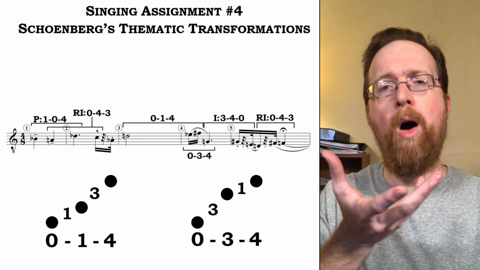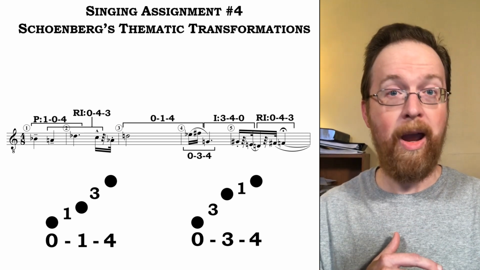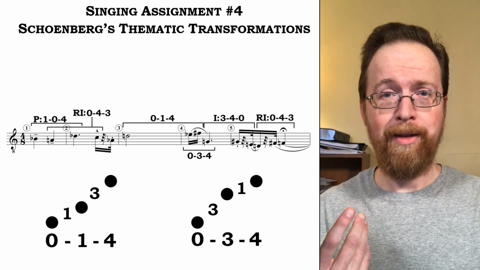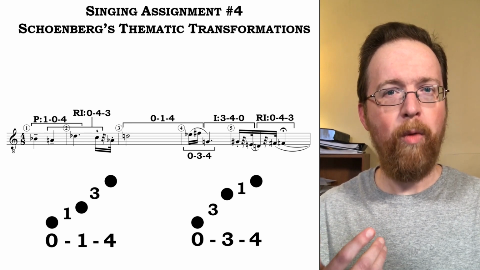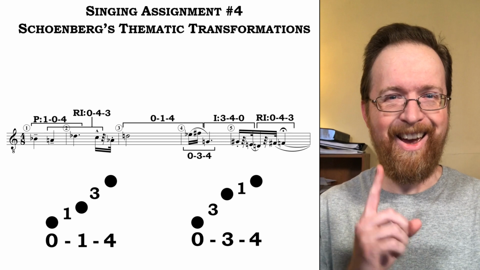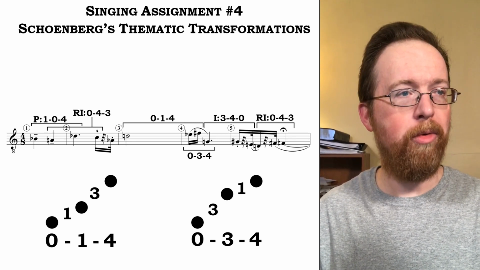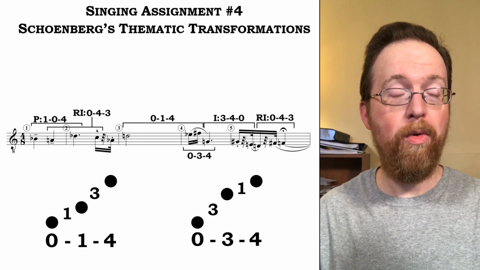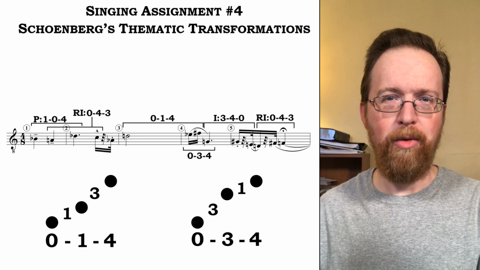If prime only goes up, both the inversion and the retrograde will only go down. But what if we retrograde the inversion? Yeah, that's the ticket. That'll do it. Okay, so to get from number 3 to number 4, that's the retrograde of the inversion.